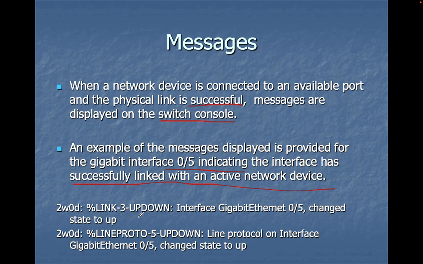Link up: interface gigabit Ethernet 0/5 changed state to up. You see this message, changed state to up, is an indication that you've connected the gigabit Ethernet interface 0/5.